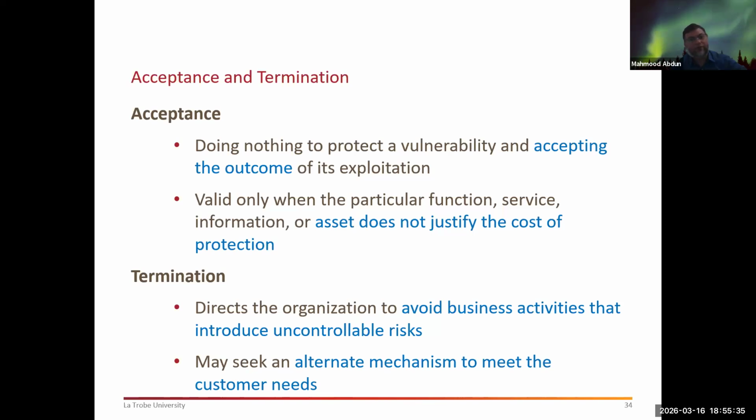Acceptance is we accept the risk, and termination is that we stop doing that part of the business or operation or asset that involves that risk, maybe because the cost of control is much higher than the value of the asset or something like that. Yes, unsustainable. Okay, makes sense?